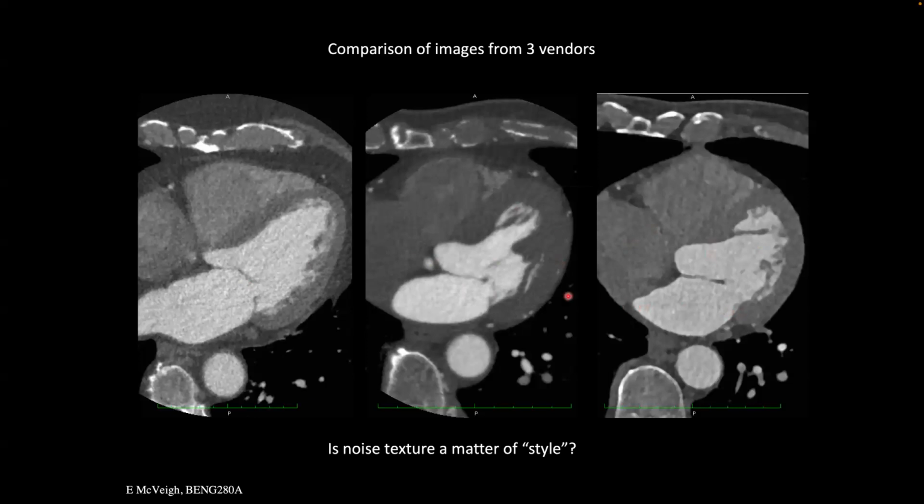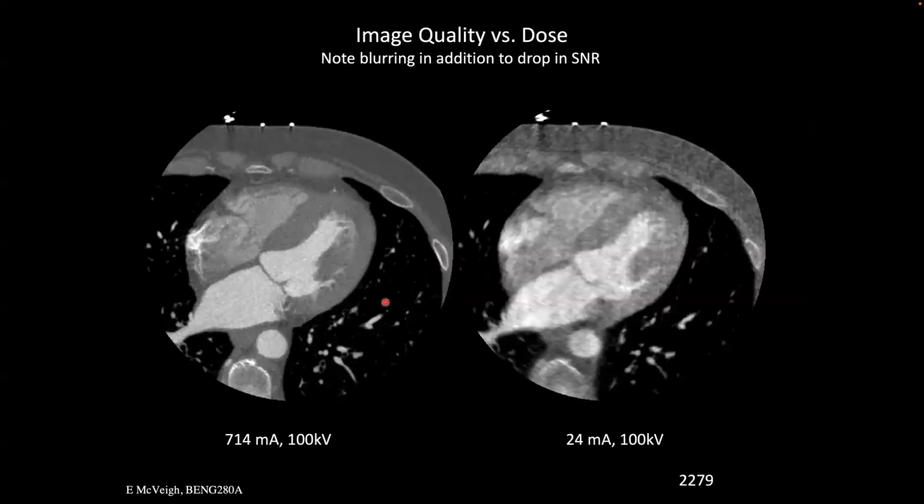So it's a fascinating field, and the ability of a vendor to create these pictures that not only have the underlying physics right, in that the MTF is good and the PSF is good, but it also has this feel to it. So that's an interesting conundrum.